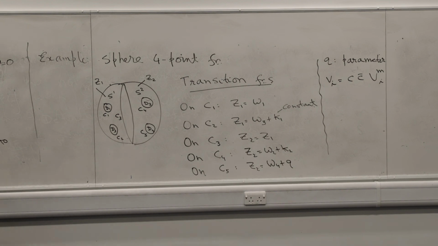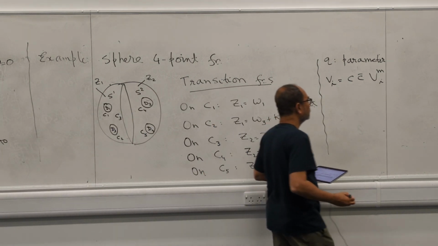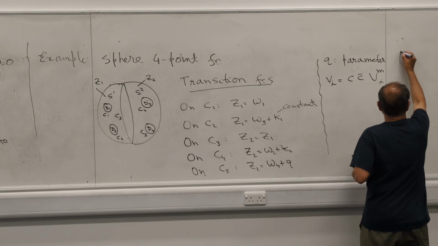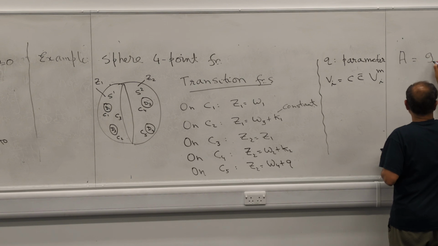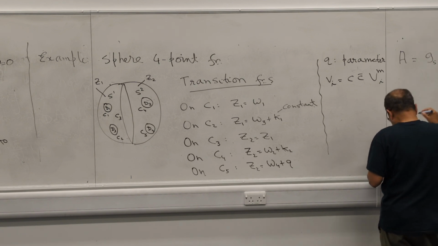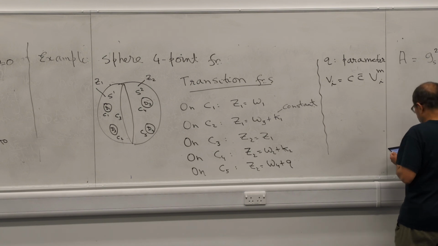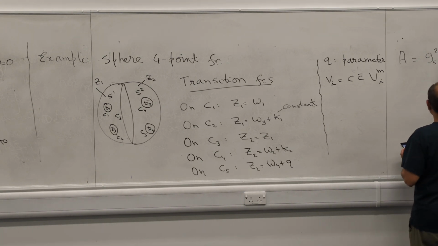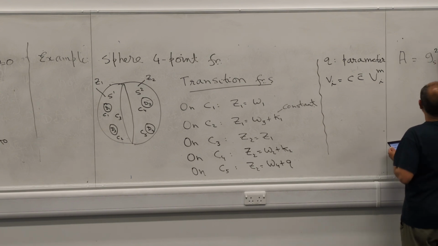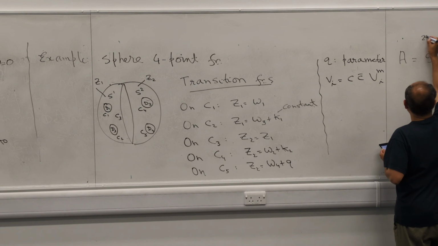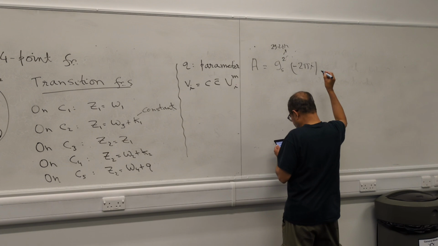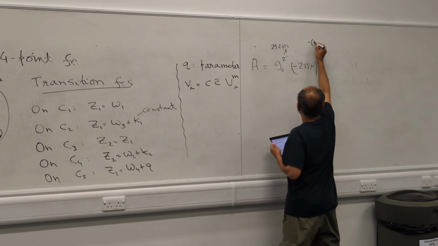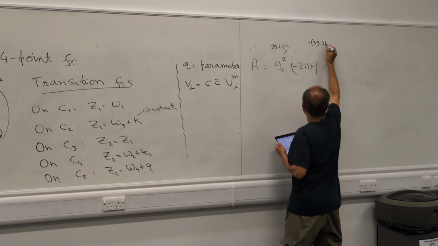So the amplitude will be Gs to the power 2g minus 2 plus n, so ds square, and then you have minus 2 pi I to the power 3g minus 3 plus n.